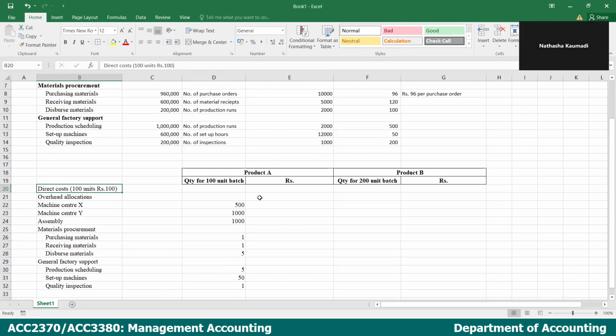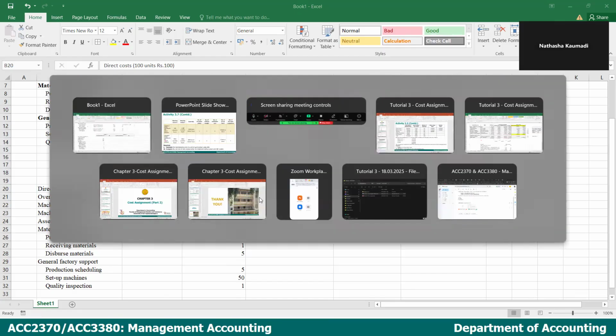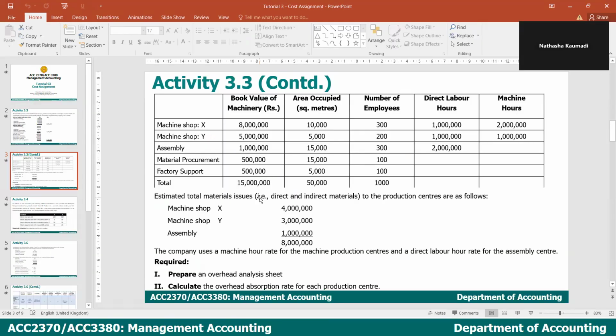We use activity-based costing or traditional absorption costing to calculate that cost. But there are so many direct costs available like direct material, direct labor, direct other. You can directly identify these costs. So when you calculate the unit cost, first of all, you need to take the direct cost. So what are the direct costs available?